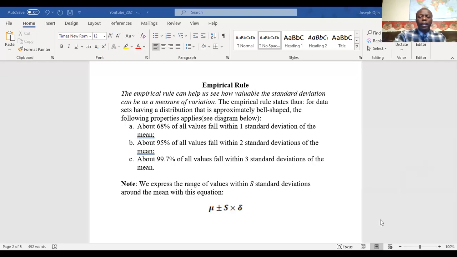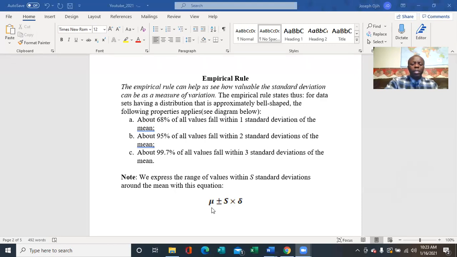Like I explained a few minutes ago, we use the empirical rule to show how we can use standard deviation as a measure of variation, to describe variation.